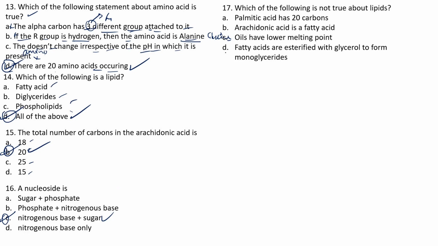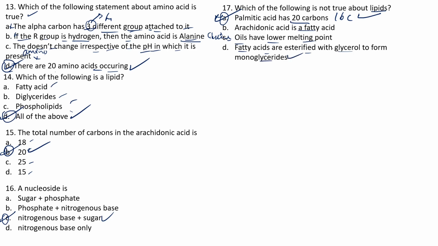The next question: which of the following is not true about lipids? Palmitic acid has 20 carbons. Exactly, it does not have 20 carbons, it actually has 16 carbons, right? So you can see that A, the first option itself, is not true. So hence A is going to be our right answer. But let us check the other three options also. Arachidonic acid is a fatty acid, oils have a lower melting point, and fatty acids are esterified with glycerol to form monoglycerides.